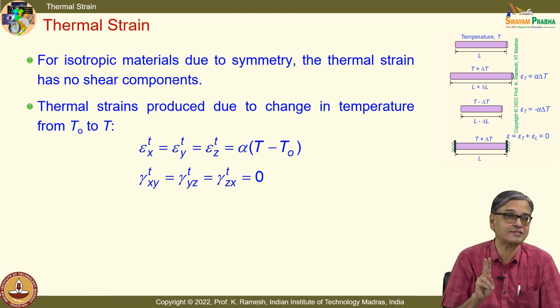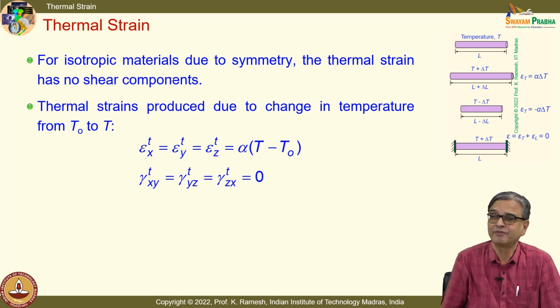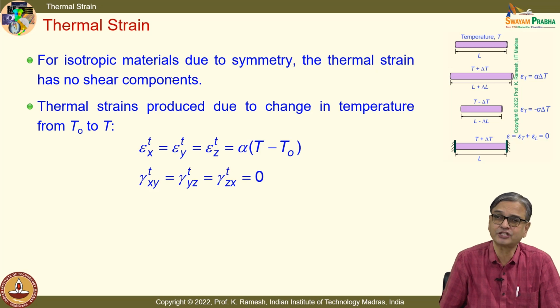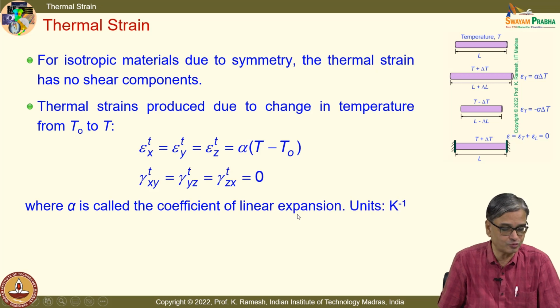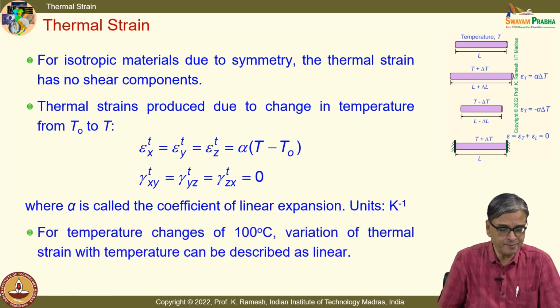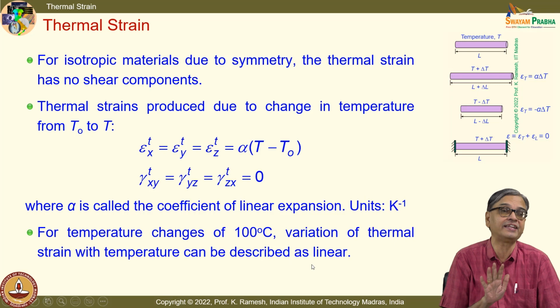We need only two elastic constants to characterize, and when we look at what happens in the presence of a temperature change, the behavior is also very simple for you to comprehend and analyze. And alpha, you all have studied in your physics course, is the coefficient of linear expansion. This is also very important: for temperature changes of the order of about 100 degrees centigrade, variation of thermal strain with temperature can be described as linear.